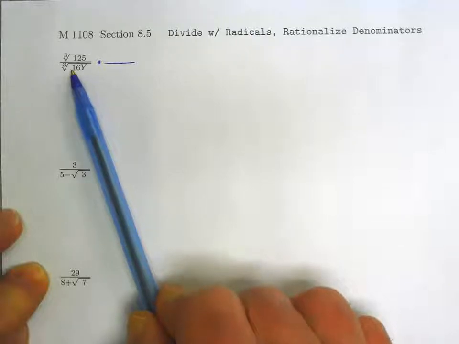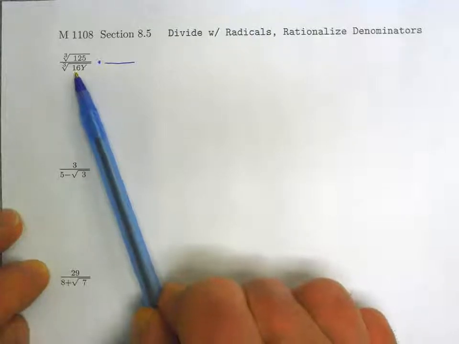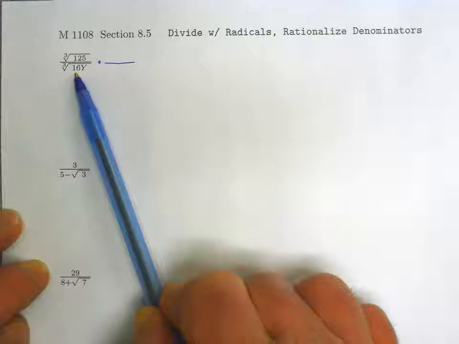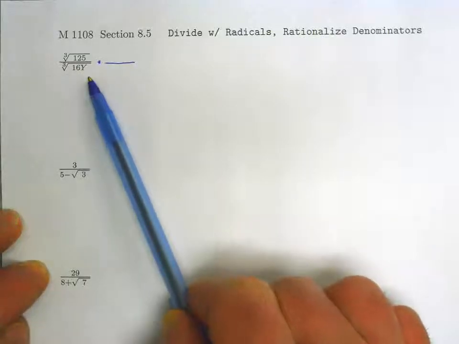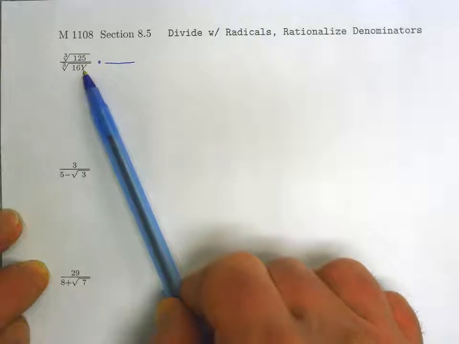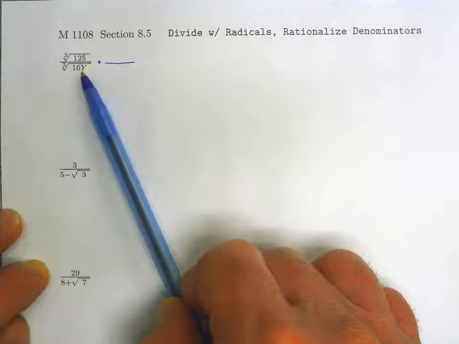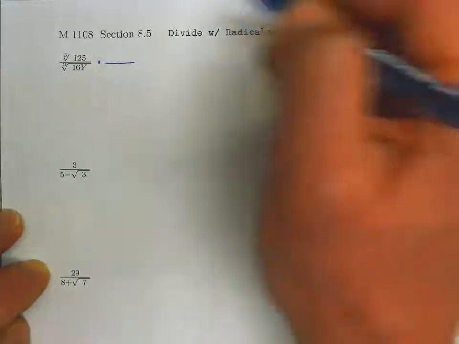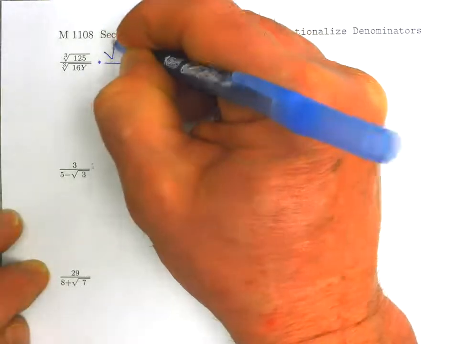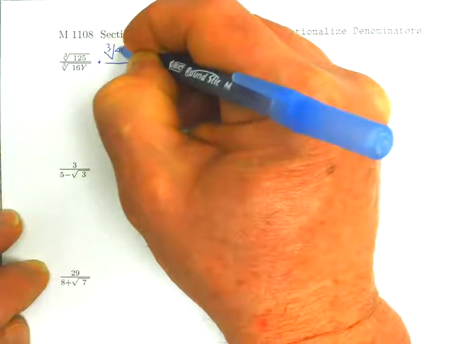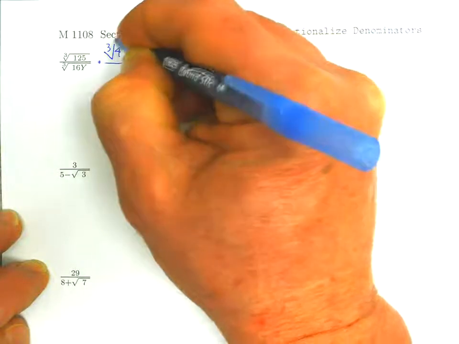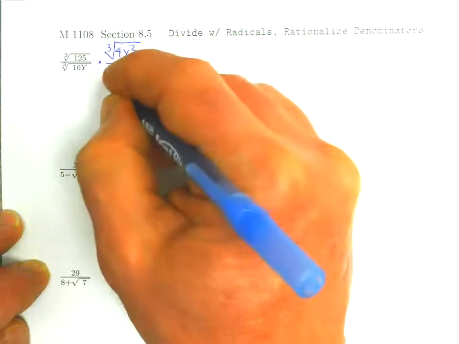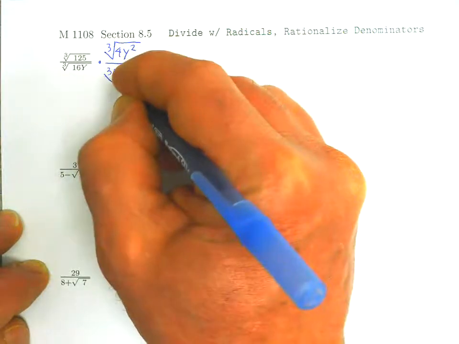And if I multiply 16 times 4, I get 64. And if I multiply y by y to the second, I get a perfect cube. So the form that 1 takes this time is the cube root of 4y to the second divided by the cube root of 4y to the second.